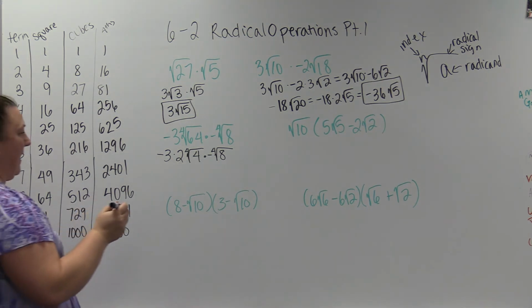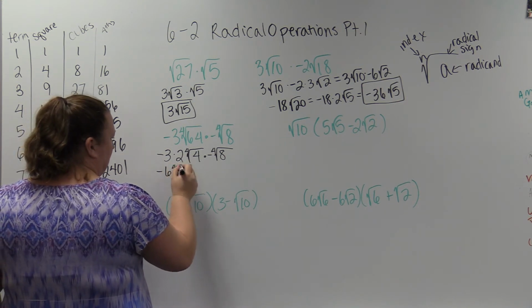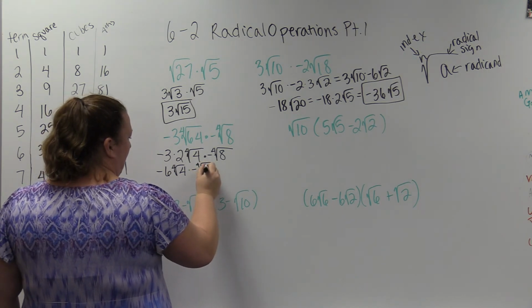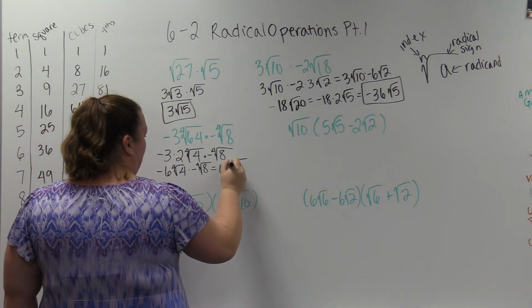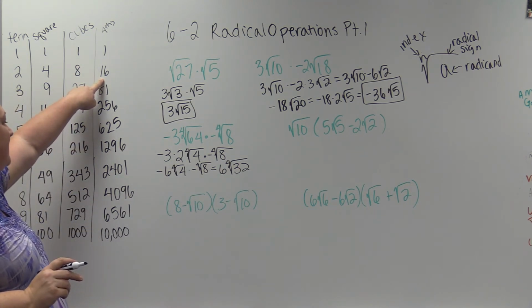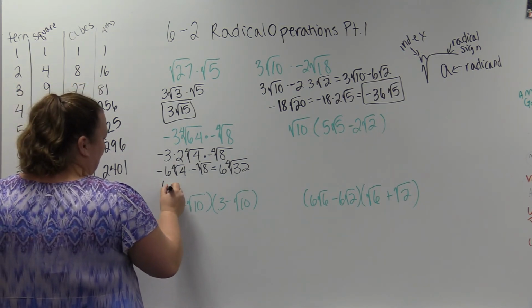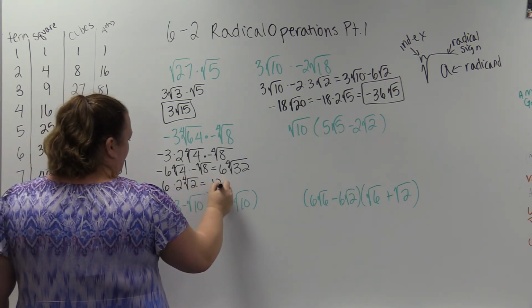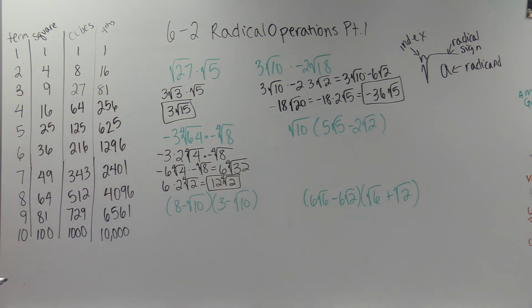So now I know that I get negative 6 fourth roots of 4 times negative fourth roots of 8, which gives me a negative times a negative is positive, so this is 6 fourth roots of 32. 32 is 16 times 2. So the fourth root of 16 is 2. So I have 6 times 2, fourth roots of 2, and I get 12 fourth roots of 2. And there we go.